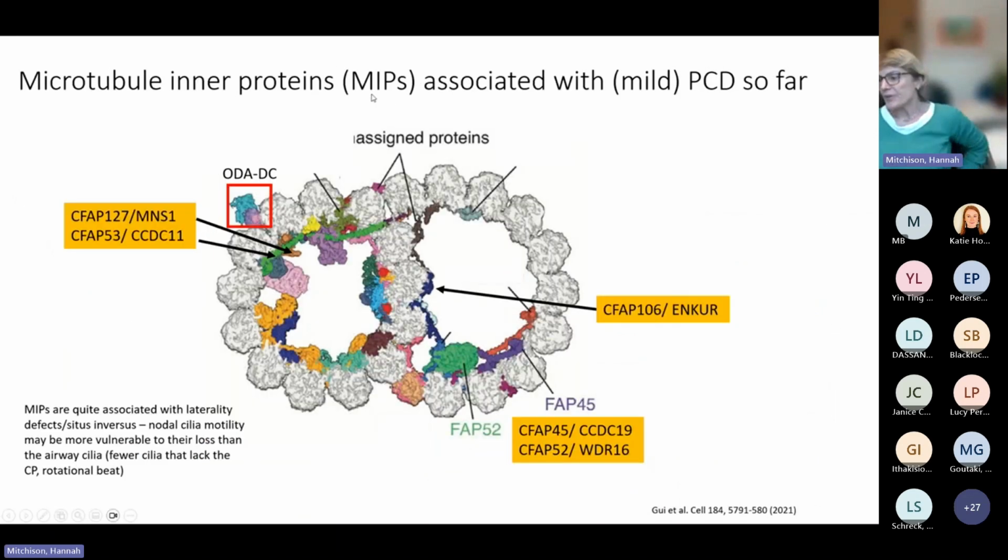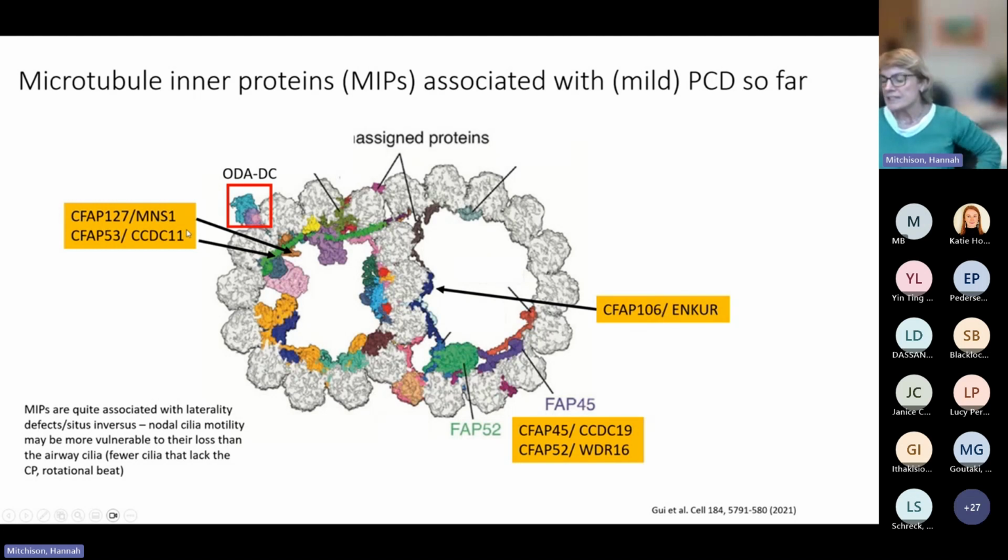So the MIPs that I just mentioned are generally associated with more mild forms of PCD, or slightly more unusual forms that we can't actually call PCD, and we have to call them laterality defect with respiratory symptoms or these sorts of things.